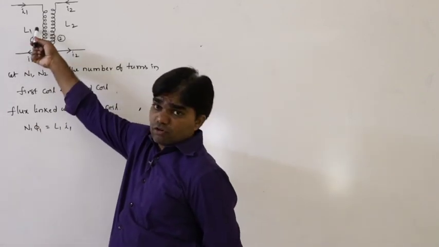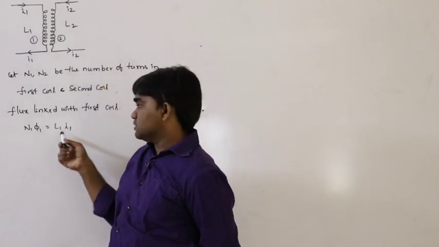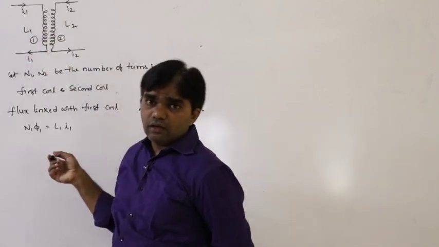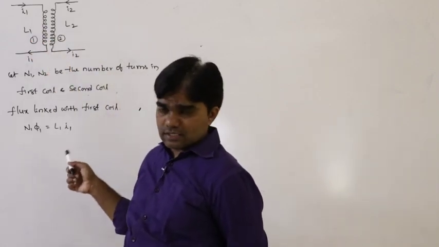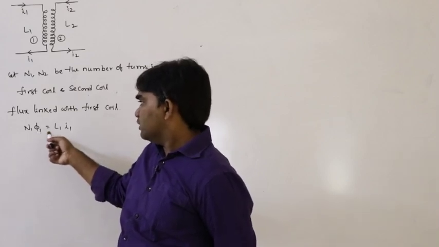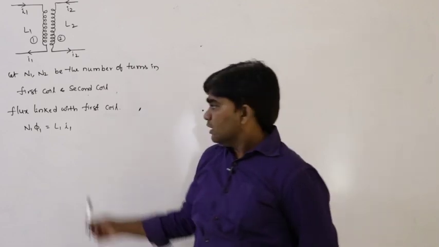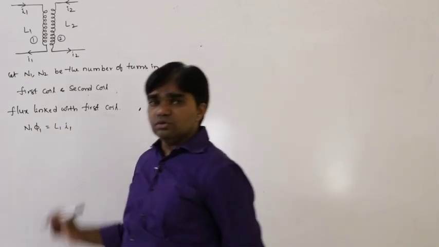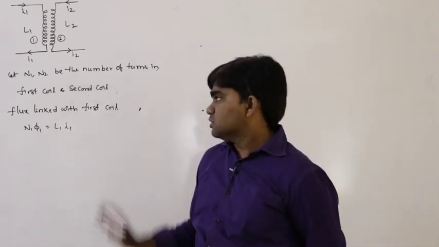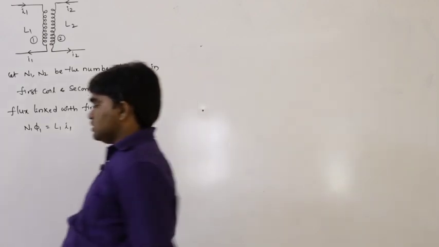Based on that, we defined self-inductance. We already discussed that. So N1 phi1 is equal to L1 into I1. This is the flux linked with the first coil.